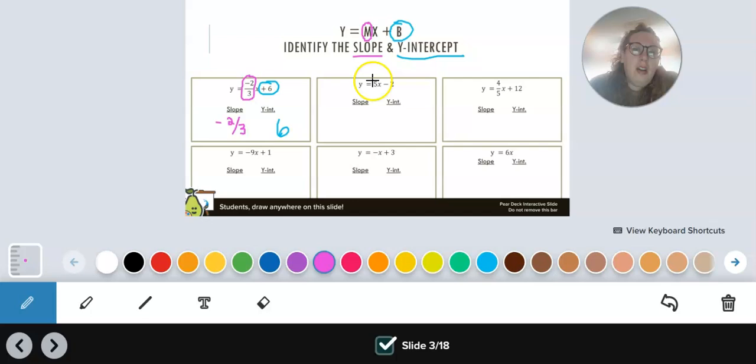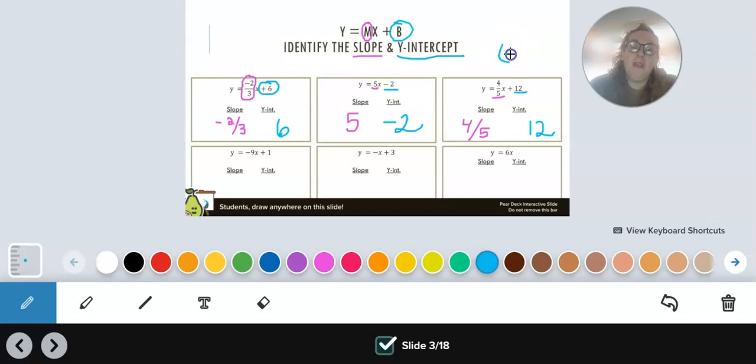For the next one, our slope right in front of x is a 5, so we'd go up 5 over 1. And our y-intercept here, we have subtraction, so it's a negative 2. For the next one, our slope is 4/5, up 4 over 5, and our y-intercept is a positive 12.